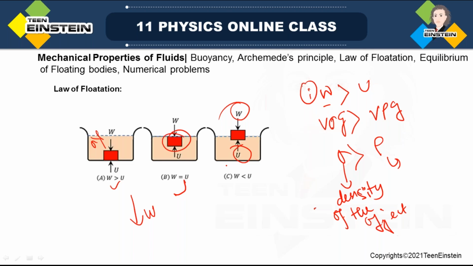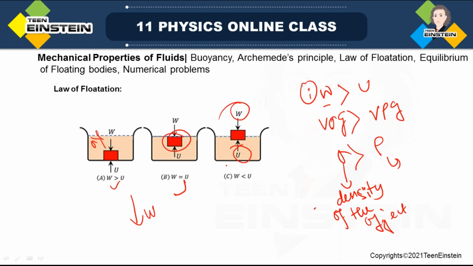When the upthrust and weight are both equal, a drop of olive oil, as we must have seen, floats in a mixture of equal amounts of water and alcohol, on the mixed surface of the mixture.